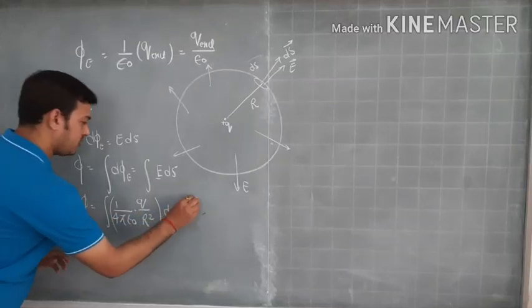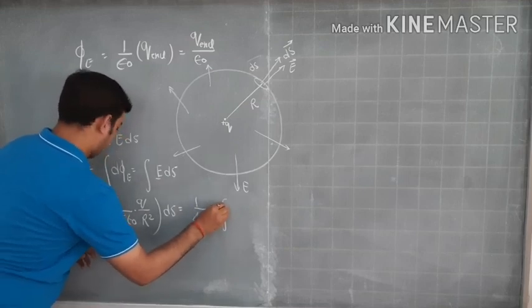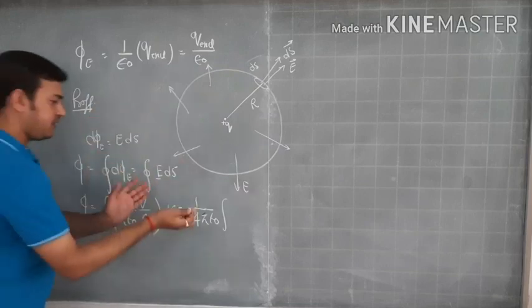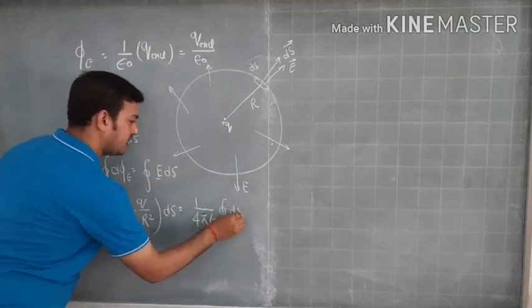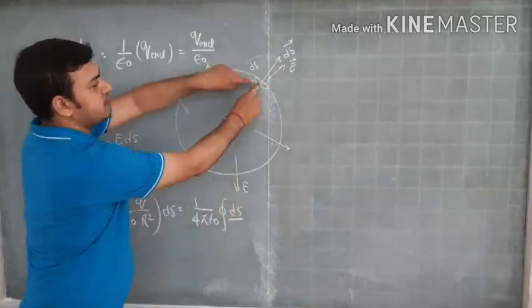This whole term is a constant, so this is going to be 1 by 4 pi epsilon naught closed integral. I will write closed integral here since it is a closed surface, and this is ds. And just look at this term. This is the integration of this small surface.